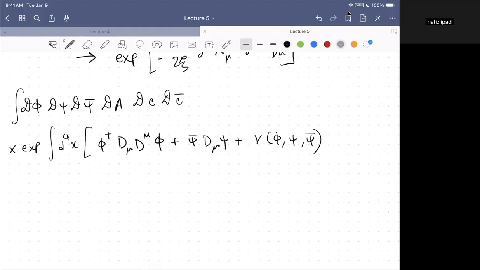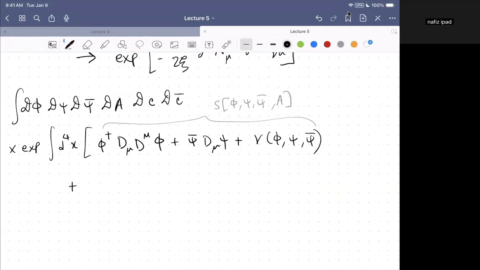So this part is, after you do the integration over space-time, the action that you get by coupling your original theory to a background gauge field.